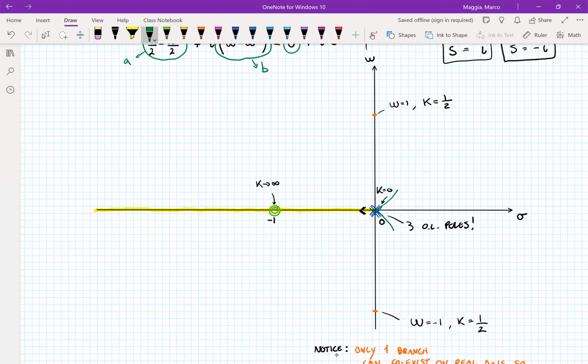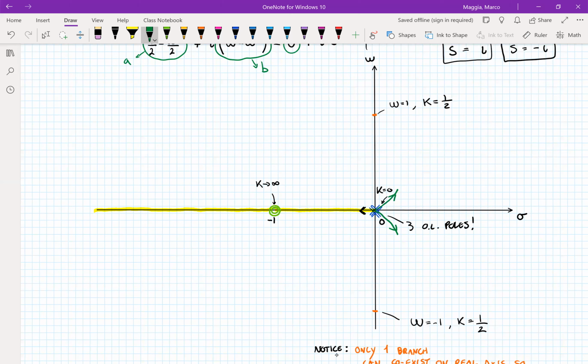And why have I chosen to draw them to the right and not to the left? Well, that's because we saw with the Routh-Hurwitz criterion that as soon as k is a little bit over 0, specifically between 0 and a half, the system is unstable. So we have to be on the right-hand side of the complex plane. That's why the 2 branches will break away in this direction.